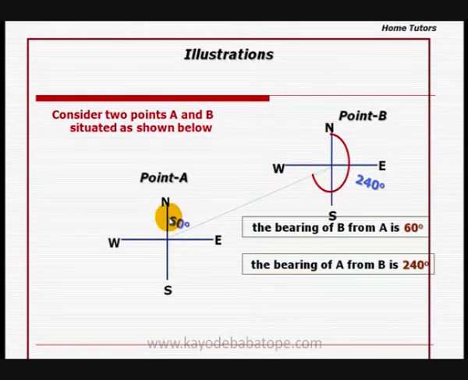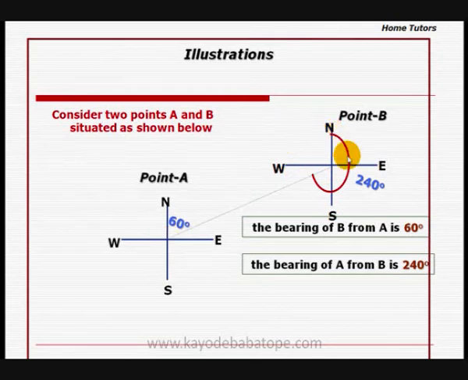Now we were given the bearing of B from A. Our interest is now in calculating the bearing of A from B. So, starting from B, the bearing of A is this point. That is, starting from the north of B, what is the angular displacement of the line that joins points B and A?